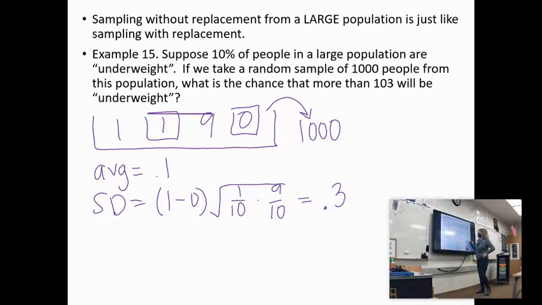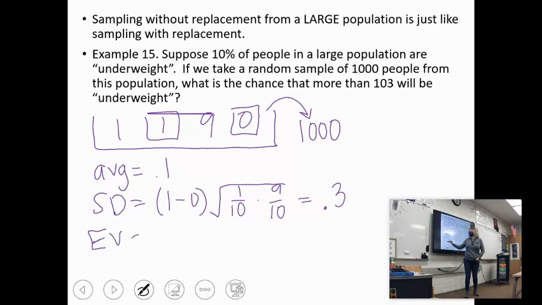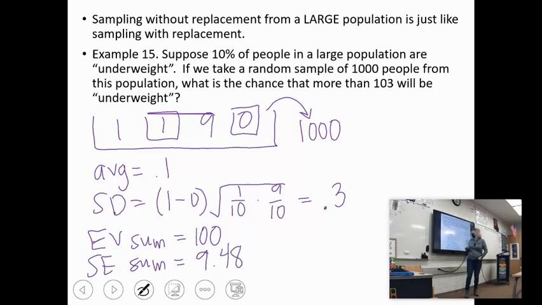All right, Lydia, what did you get for the EV sum? 100. Okay, SE sum. Daniel, what'd you get? 9.48. Thank you. Or some of you rounded to 9.5. That's fine. And then the chance of this happening would be the normal area. Lower bound is what number? 103.